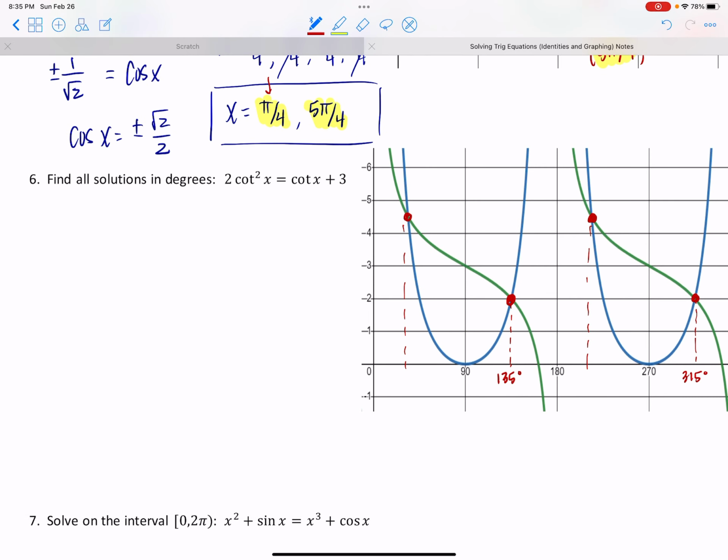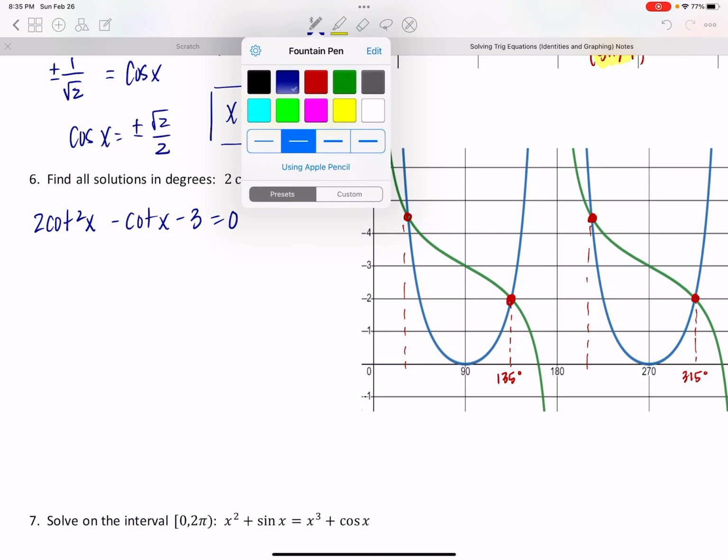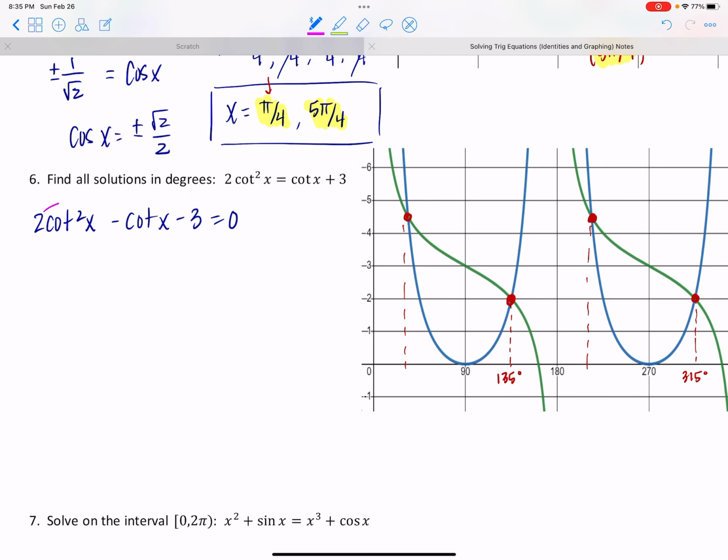So if I was solving this by hand, I only have cotangent in there, so I don't have to worry about making any substitutions. Cotangent squared x. I'm just going to subtract over the cotangent, subtract over the 3 so that I can factor this. And I'm going to do this without rewriting it. Hopefully you can follow me here. I'm looking for factors of negative 6 to make negative 1, like negative 3 and 2.